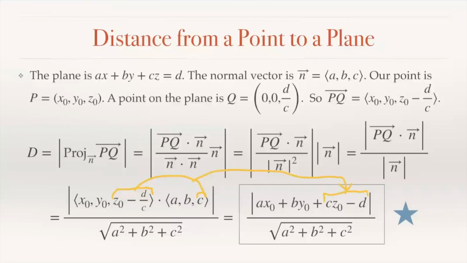So the magnitude of that over the square root of a squared plus b squared plus c squared. So this is our formula for the distance from a point x naught, y naught, z naught to the plane with ax plus by plus cz equals d. You can see it doesn't have a cross product, and it's not bad to compute at all. And we really could not have found this, at least not at all nicely, without our knowledge of vector algebra.